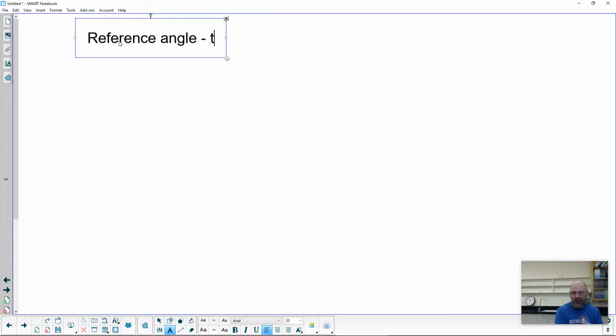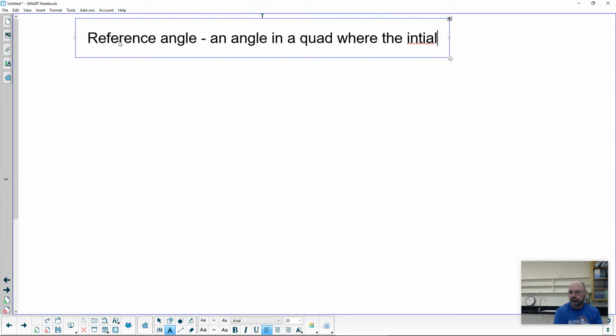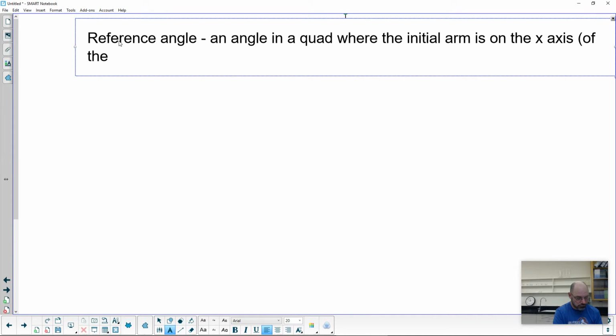An angle in a quad, we'll say quadrant, but I'll say quad for short, where the initial arm is on the x-axis of the quad, and is measured to the terminal arm. I'll show you what I mean right away with a picture.